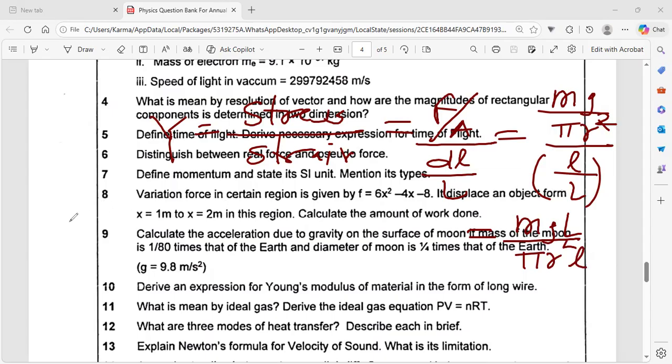The wire has been loaded with weight m, and the extension produced in the wire is small l.